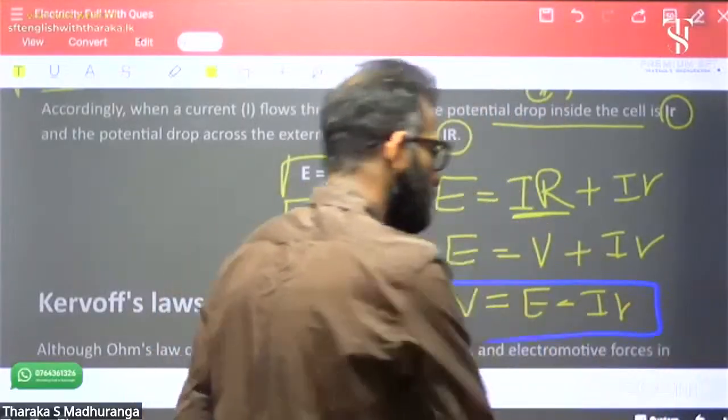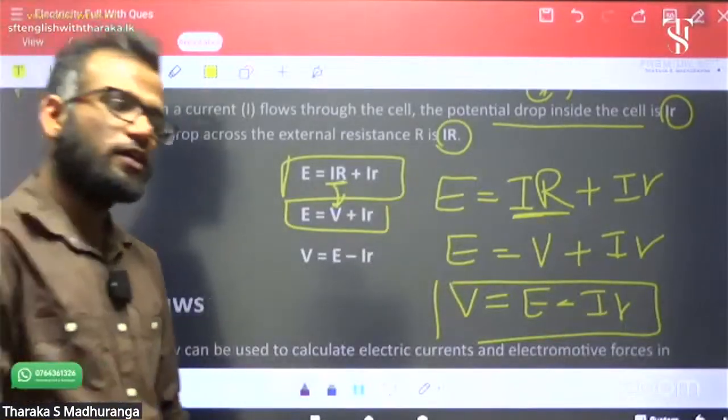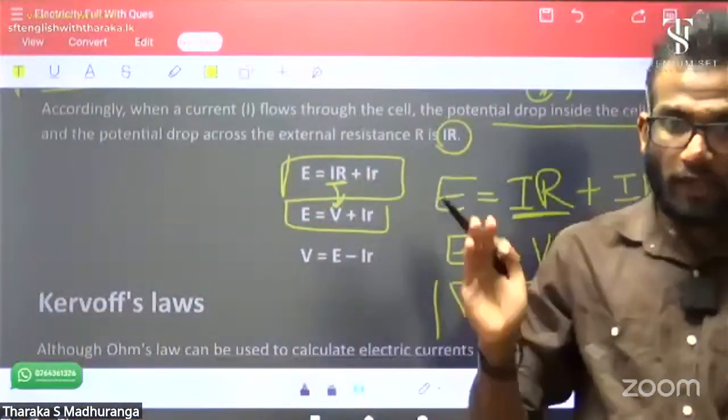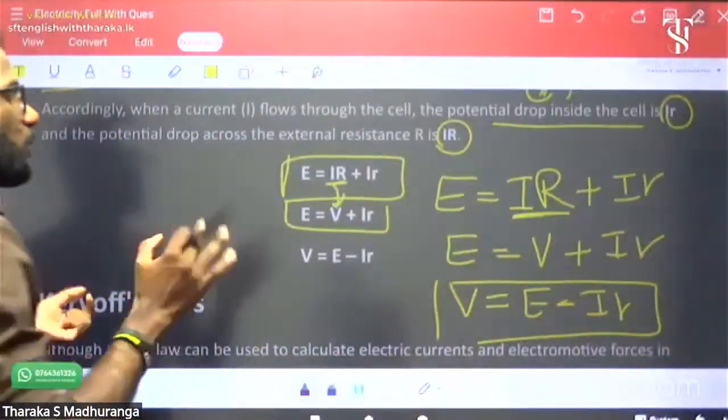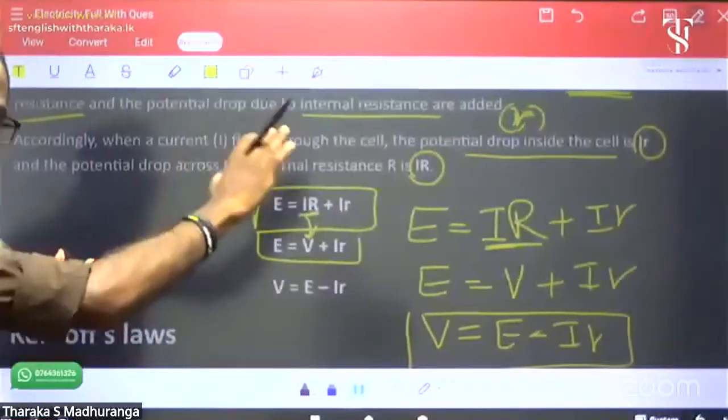Okay, they are simple relationships. In Kirchhoff's laws, I will explain how to get this IR multiplication and I simple R multiplication, everything point by point. Now, this is your basic knowledge.